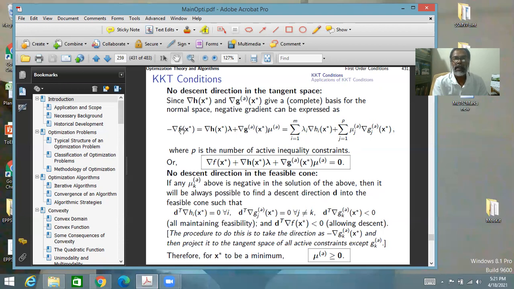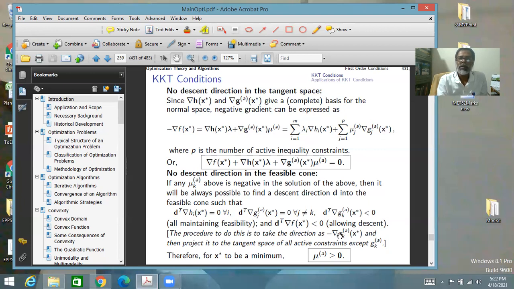Because its component along that turned out to be negative. So the way to actually find that direction is first to take the negative gradient of this GK and then take its orthogonal projection along grad HI and grad GJA for all the J's other than K. That means you take the negative gradient of this constraint function and then project it to the tangent space of all the constraints except this one.